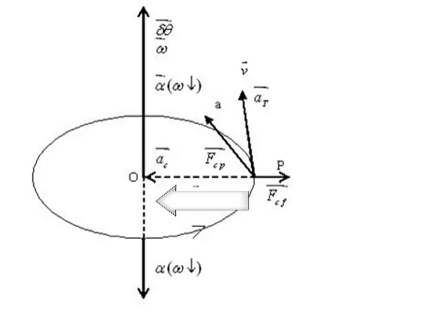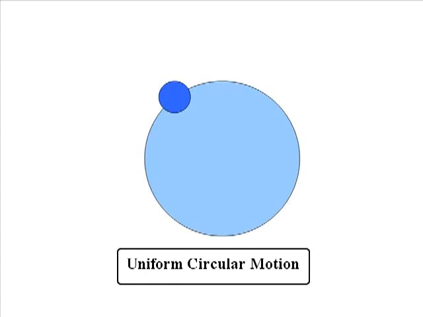If the centripetal acceleration is along the radius towards the center, the centripetal force, which is causing that acceleration, is also along the radius towards the center. So, FCP, centripetal force, is also shown in the figure. Now, whether the body is in UCM or non-UCM, it is always acted upon by an acceleration.